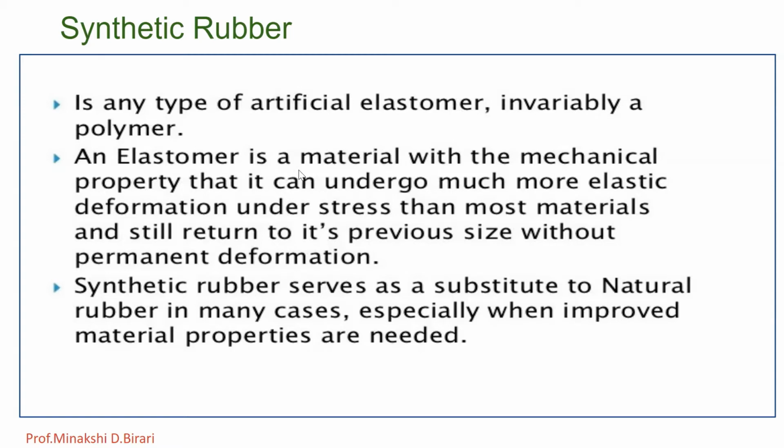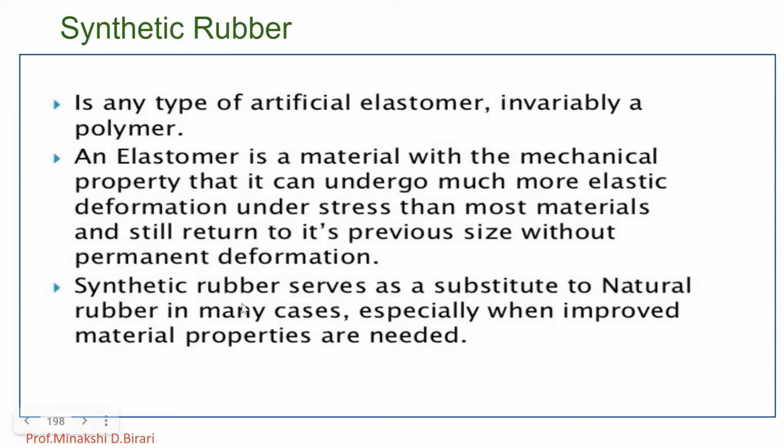An elastomer is a material with the mechanical property that it can undergo much more elastic deformation under stress than most materials and still return to its previous size without permanent deformation.